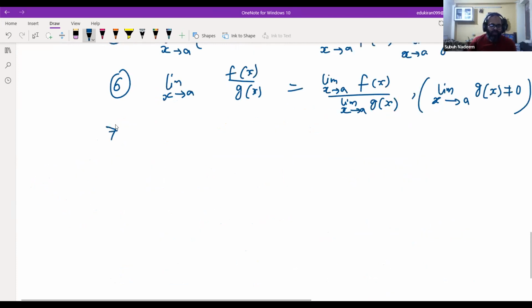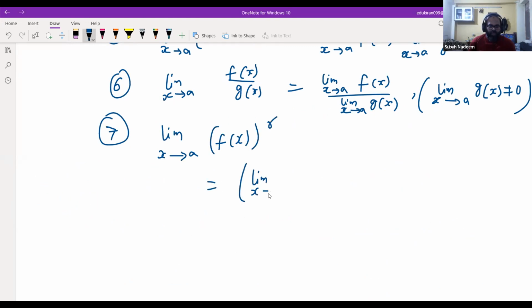Then we have the seventh property. It says the limit as x approaches a of f(x) to the power r is equal to the limit as x approaches a of f(x), all to the power r.